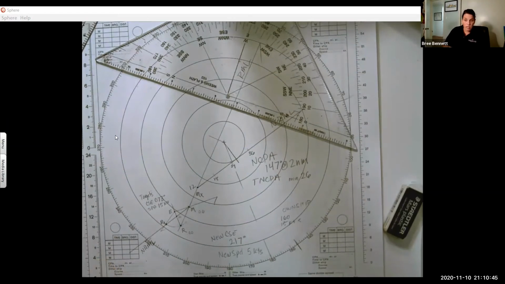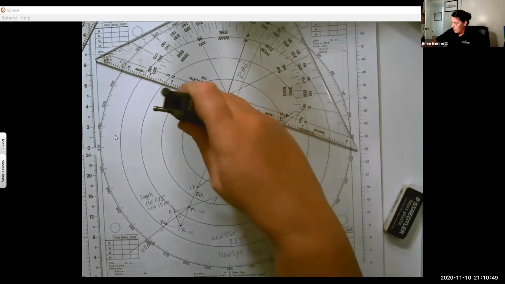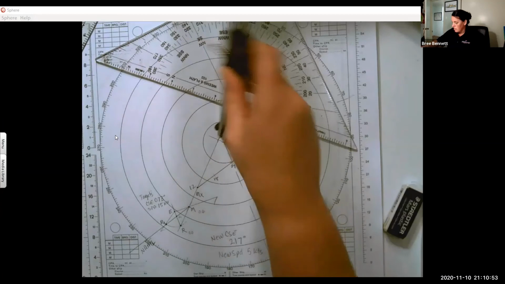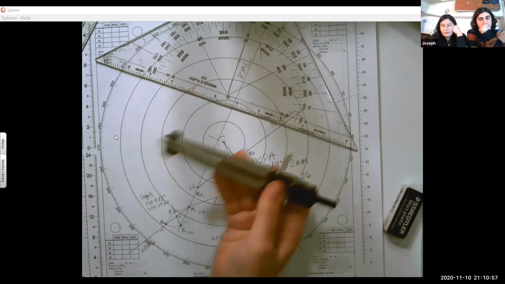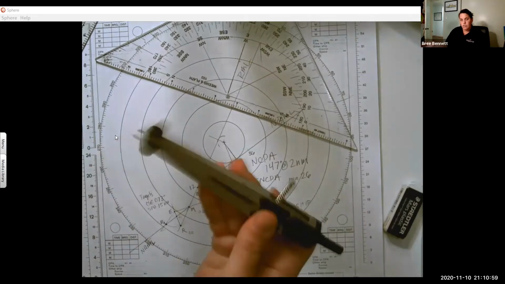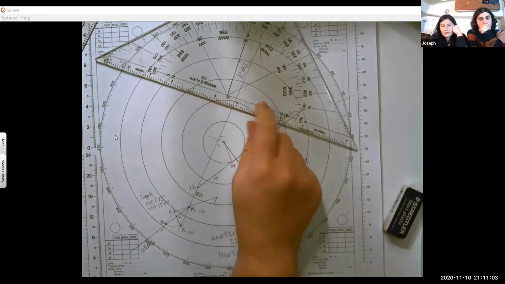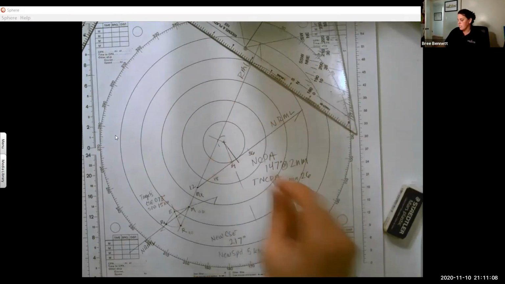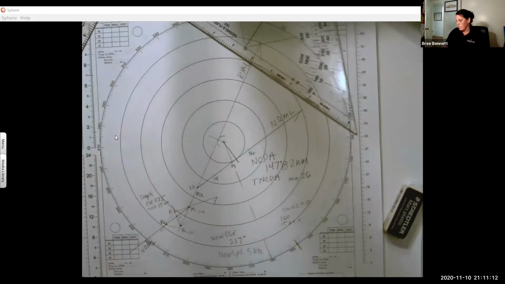Another way to do it is to make a tangent circle and just measure it like that. But I find it harder to use the compass and quicker just to do the right angle. So it's just the point of tangency on the circle, but the quick way to do it is to use the right angle.